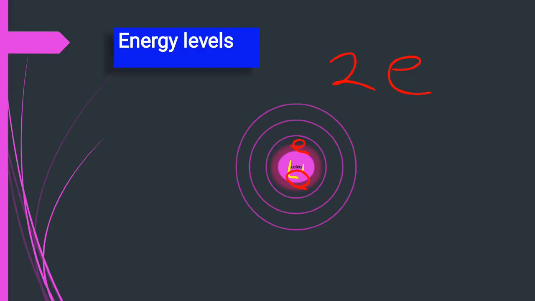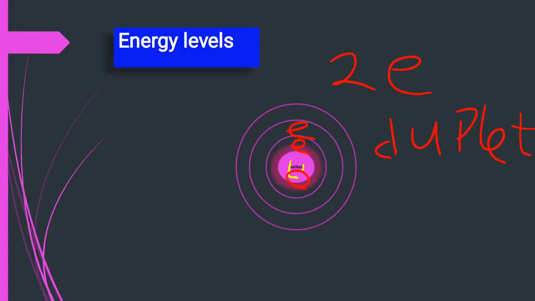And this is what we call the duplet state. You didn't get that? The first energy level can only accommodate a maximum of 2 electrons. So for lithium, we have the first 2 electrons in the first energy level, and then the second energy level will get the third electron.